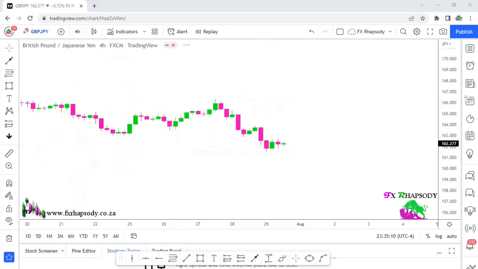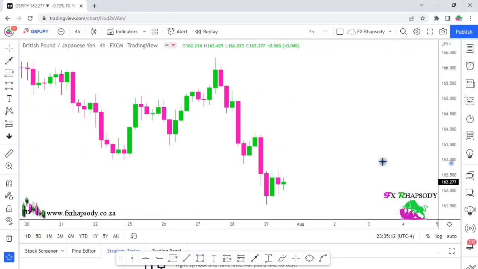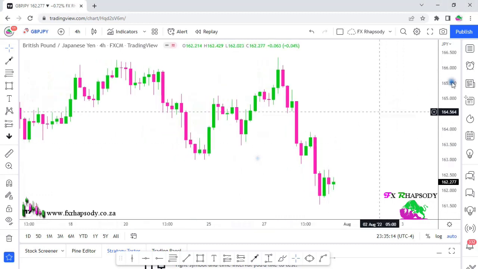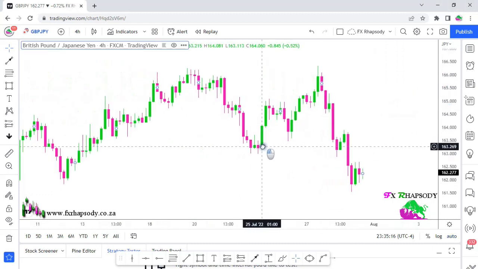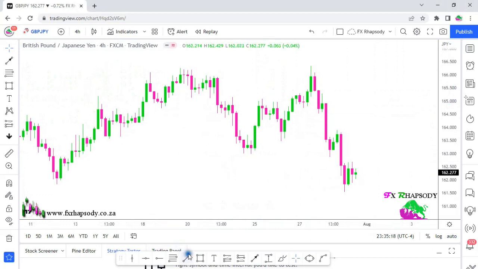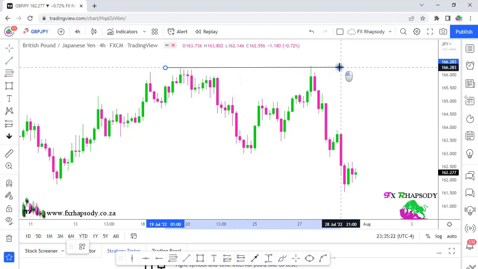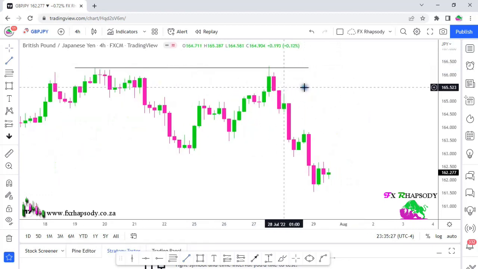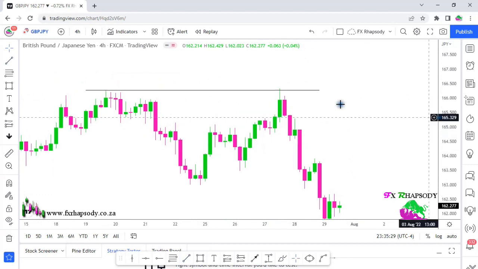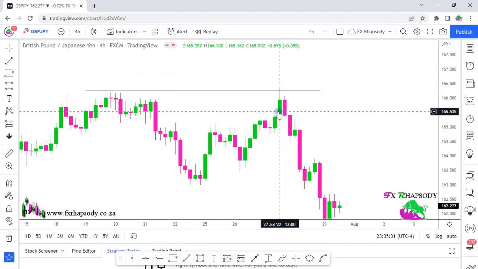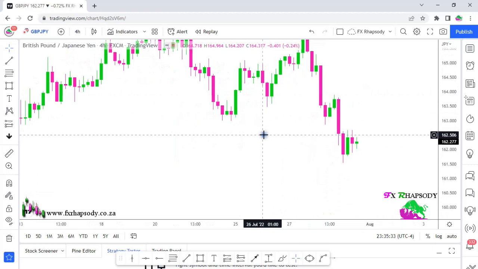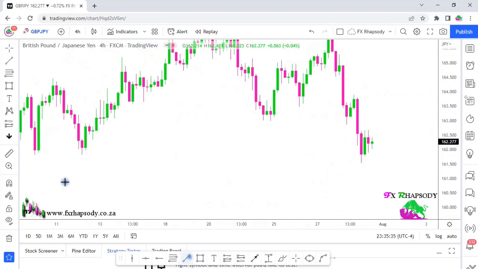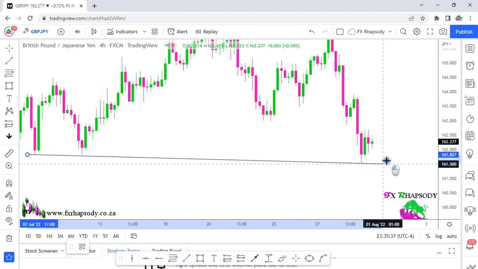On the 4-hour time frame, what we can see is, again, just zooming into that consolidation area. But what we can notice is there's some highs being taken out. Okay, price action hitting that liquidity area. So you can see, if I just zoom in a little bit, tapping into those liquidity areas, the highs being taken out, and then also we can see our previous lows being taken out over here.